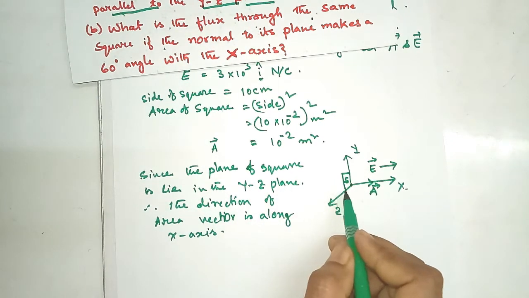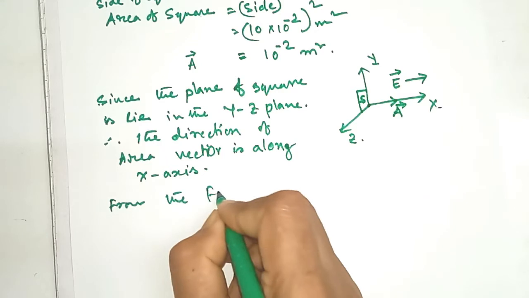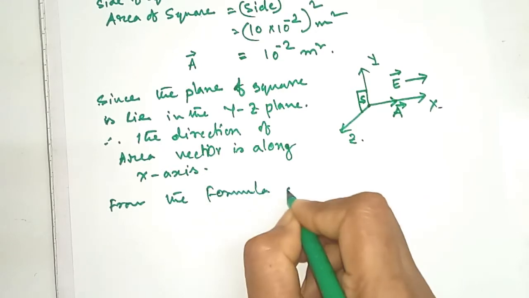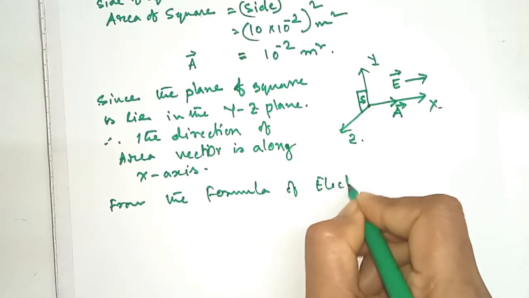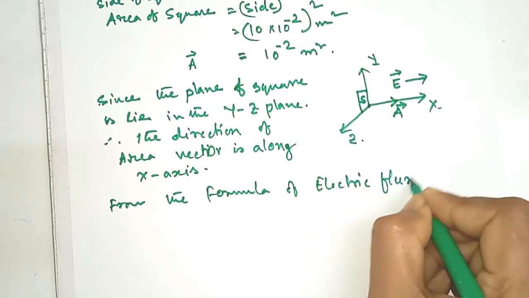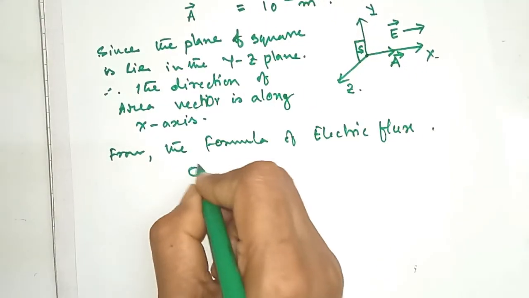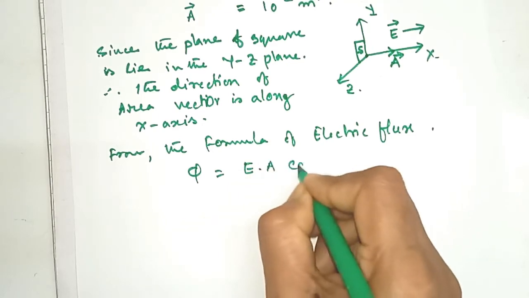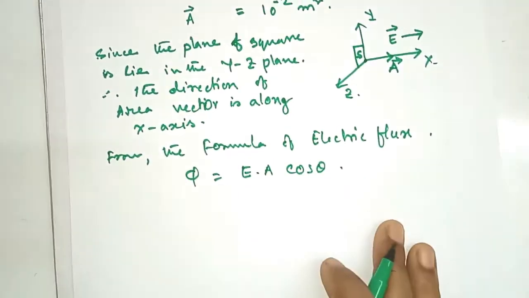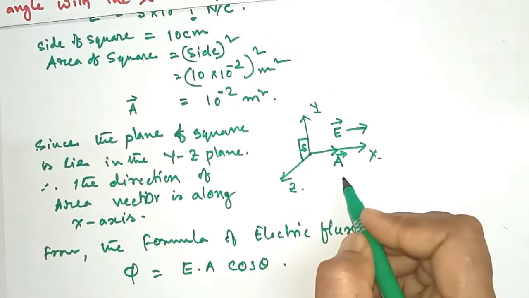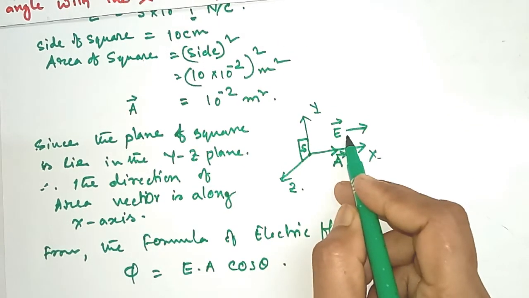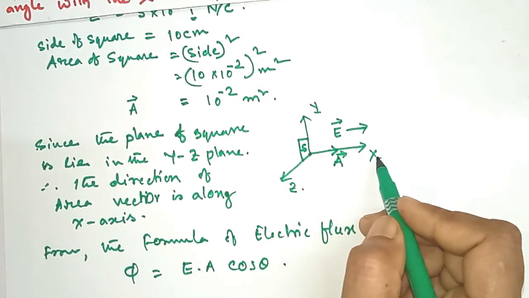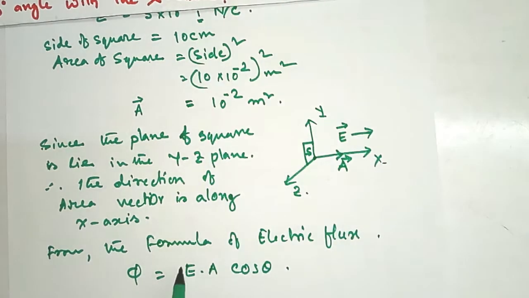From the formula of electric flux, we can write phi equal to E A cos theta. Since the direction of A and the electric field is in the same direction, there is no angle.